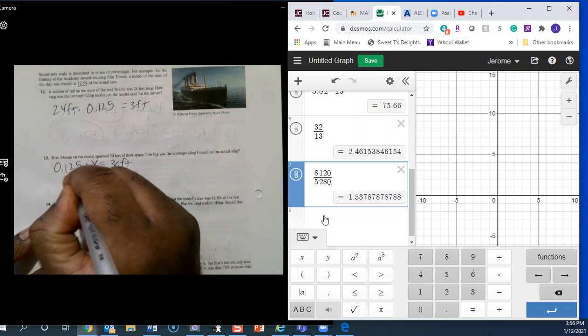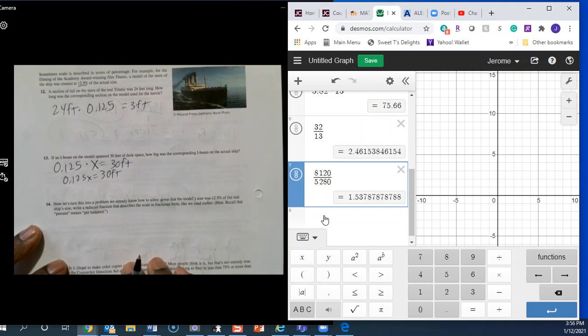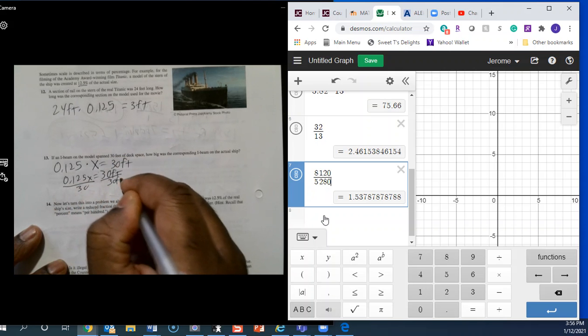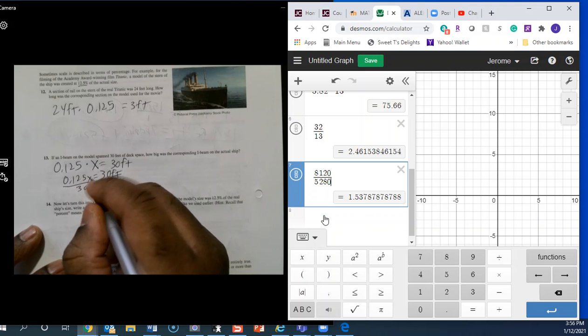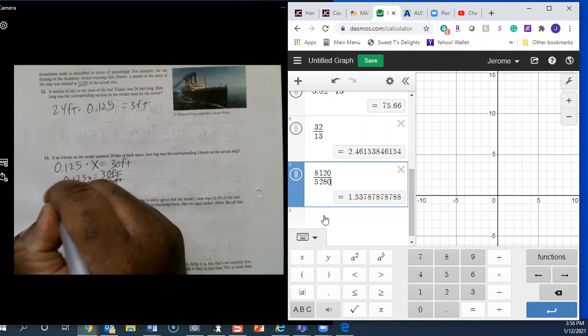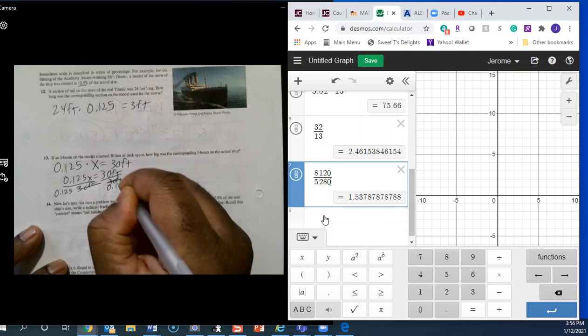So we have 0.125x equals 30 feet. We'll divide each side by, I'm sorry, not 30 feet, the 0.125. Divide each side by 0.125.